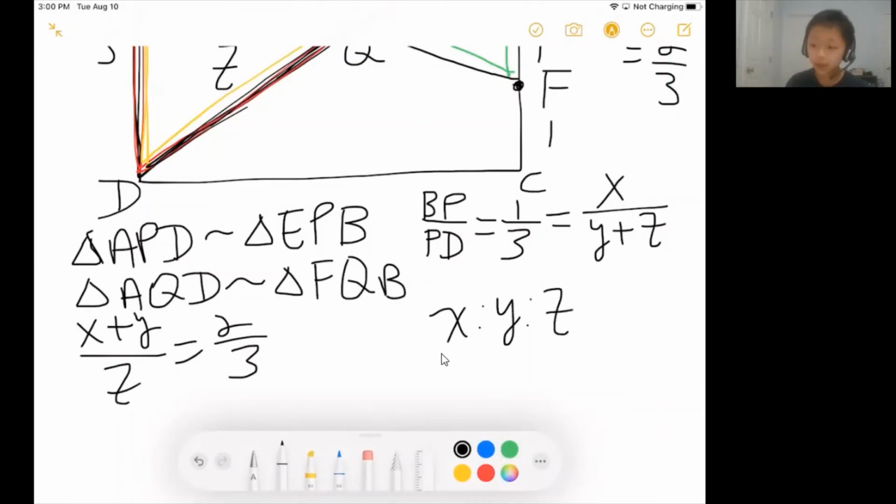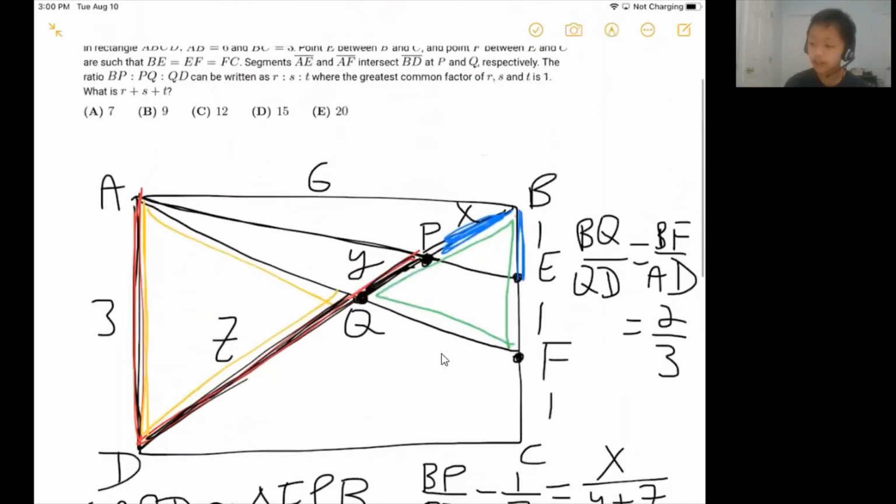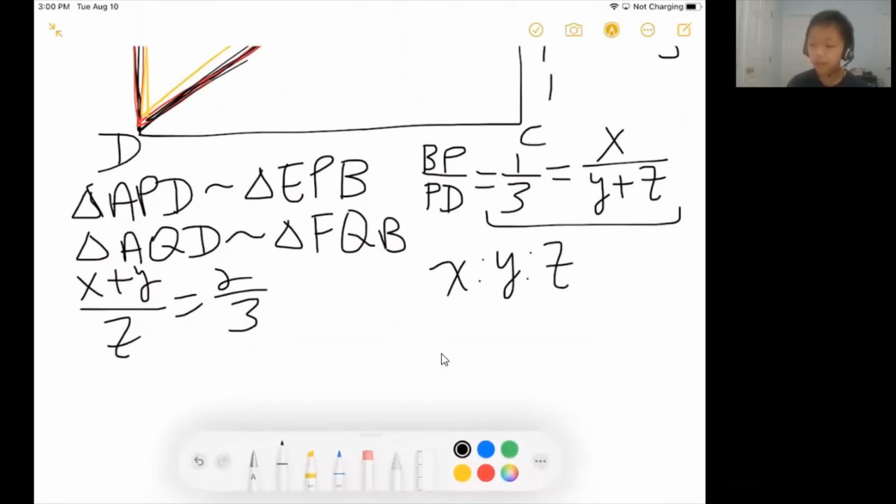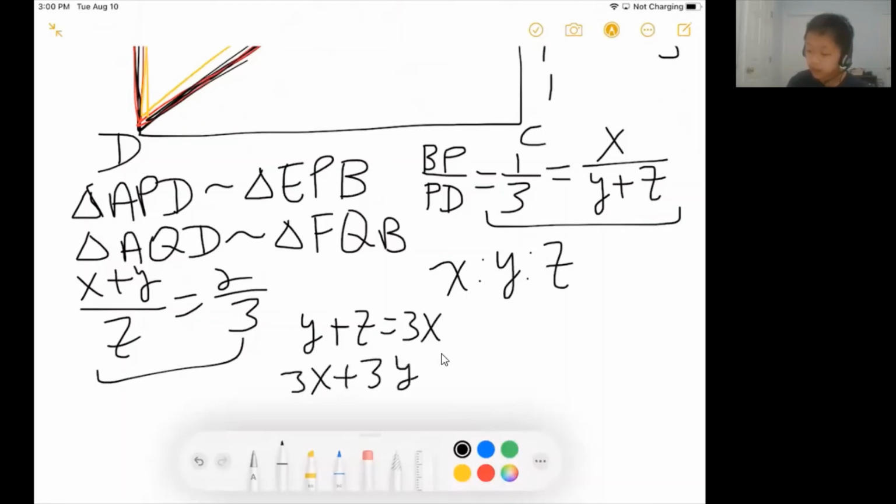So basically, we can take this equation and multiply both sides by Y plus Z and by 3. So you would get Y plus Z is equal to 3X. And for this equation, you would get 3X plus 3Y is equal to 2Z. Now we can eliminate one of the variables.